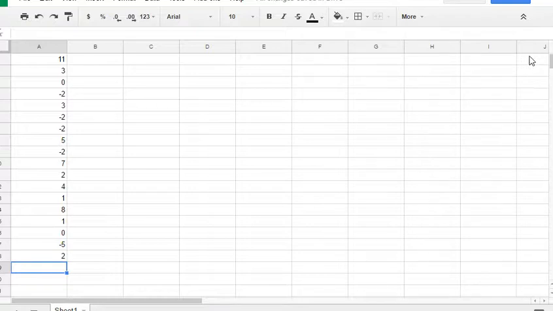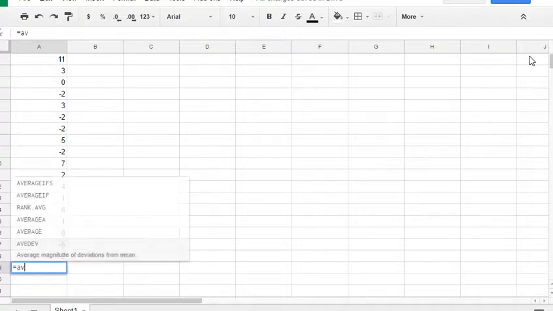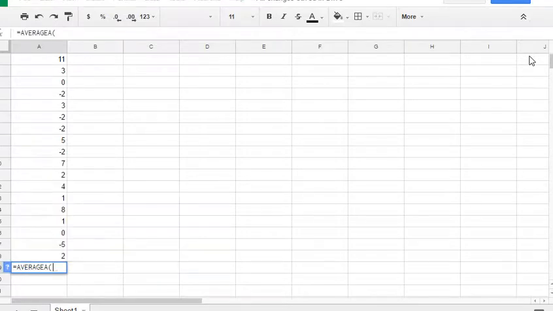There's 2 things that I want here. I want to know the standard deviation and I want to know the mean. So let's find out the mean first. Average. So the average of our data set here is 1.88. And let's find out the standard deviation.